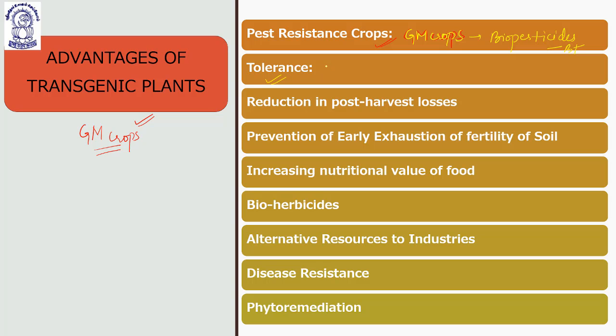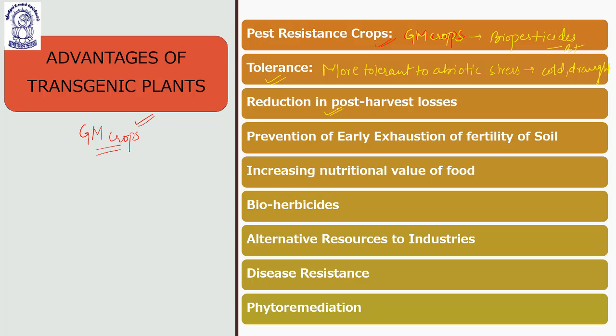Tolerance: genetically modified crops are more tolerant to abiotic stress like cold, drought, sunlight, salt.